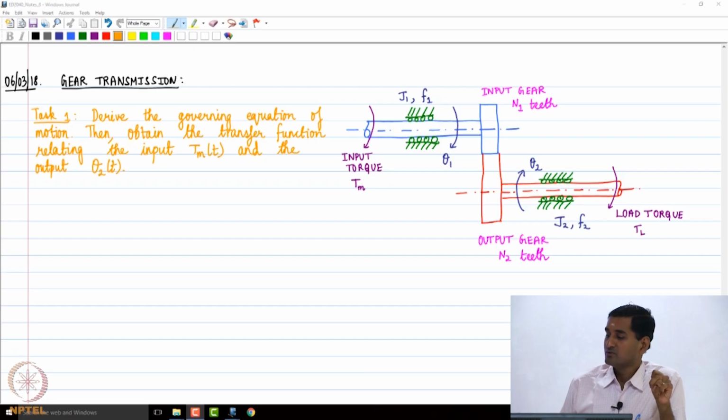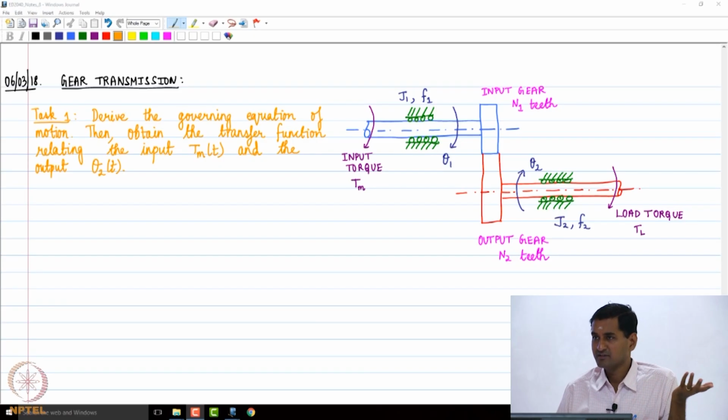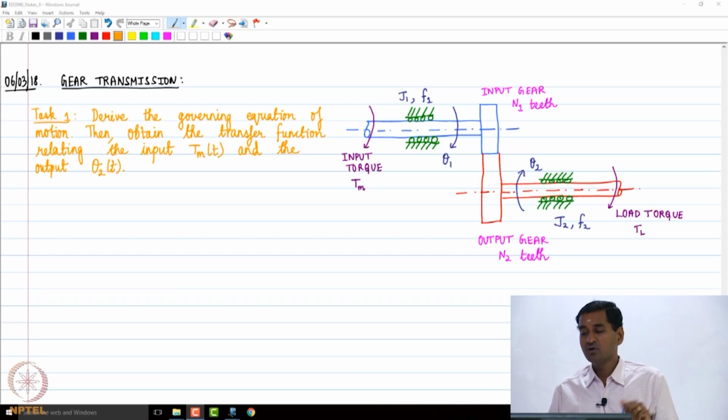We finally need to overcome the load torque and operate the output shaft at a desired state. So the first step is for us to derive the governing equation of motion.